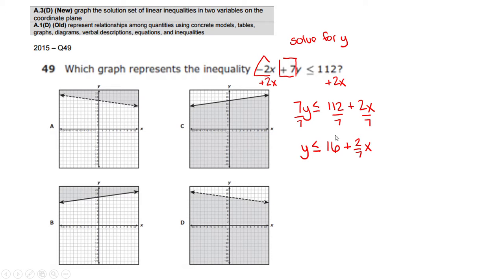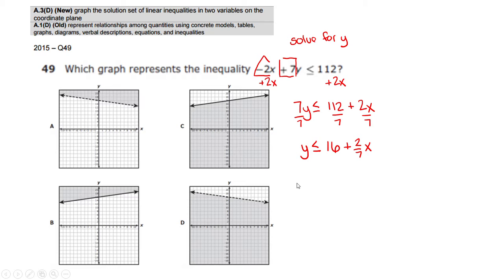Now 112 comes out to be 16 divided by 7. 2 divided by 7 gives us a crazy decimal, so we're going to do math enter, and it comes back to +2/7.